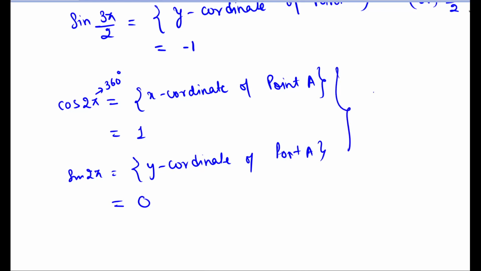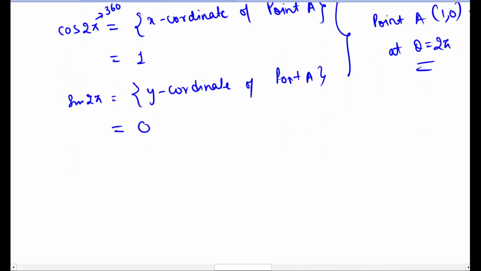So this is point A (1, 0) at theta equal to 2 pi. So from this we can see that after one complete revolution, the values of cos theta and sin theta do not change.